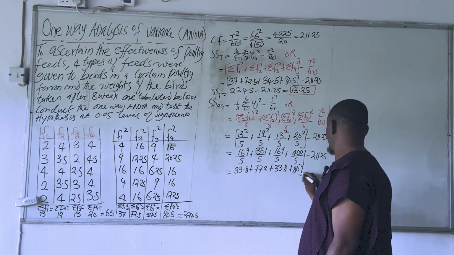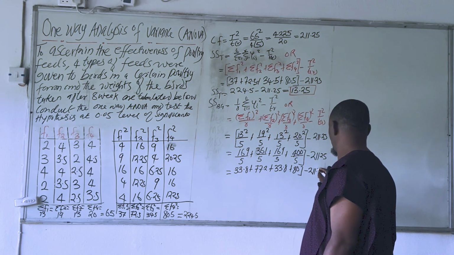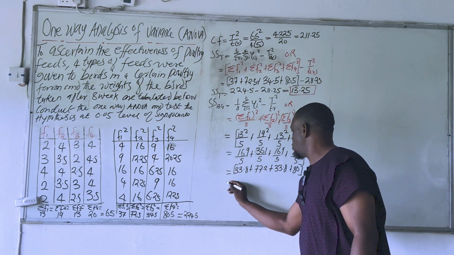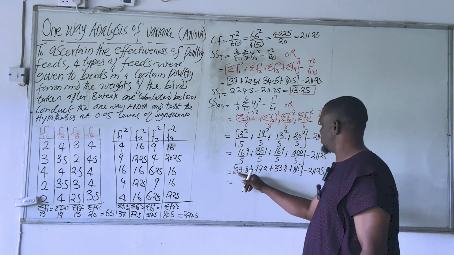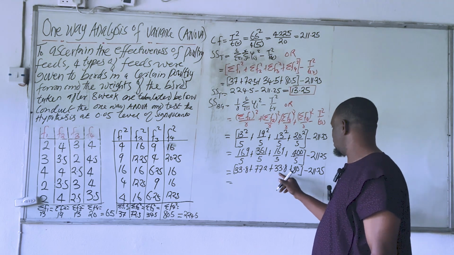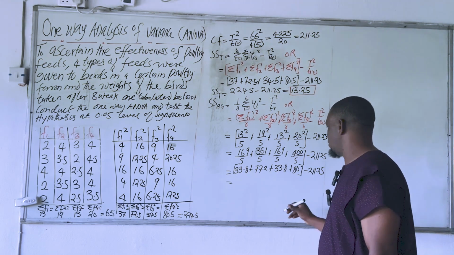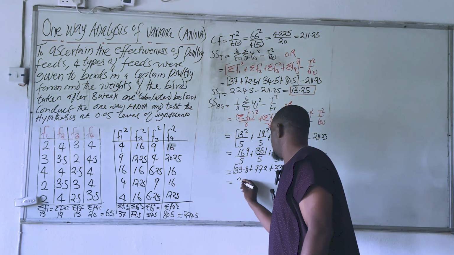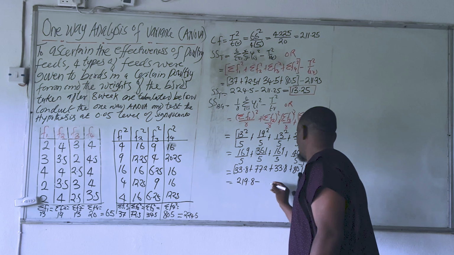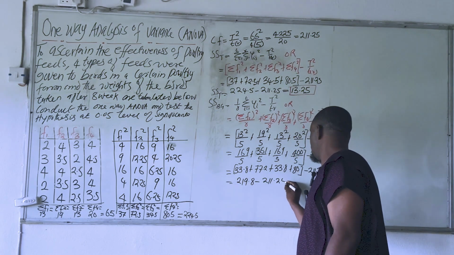Now all of that minus 211.25. So this will be equal to, if we sum 33.8, 72.2, 33.8, and 80, what will it give us? 219.8 minus our correction factor, which is 211.25.